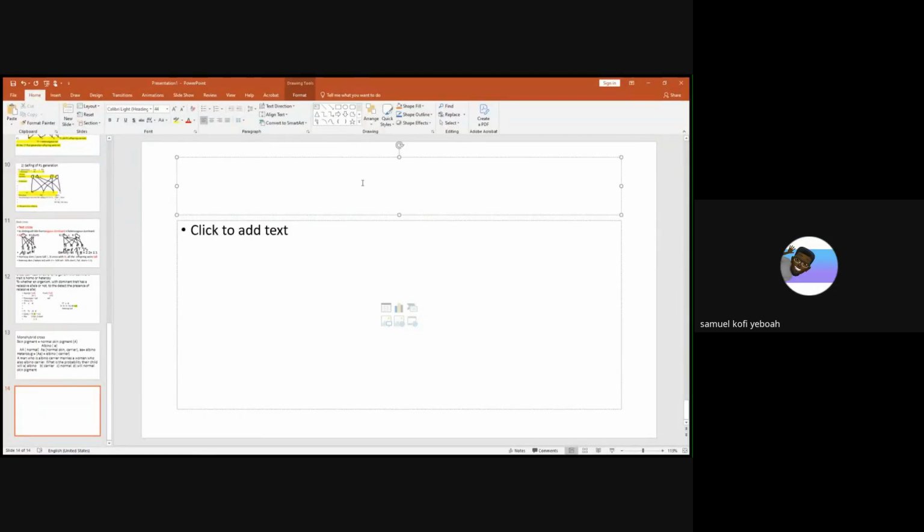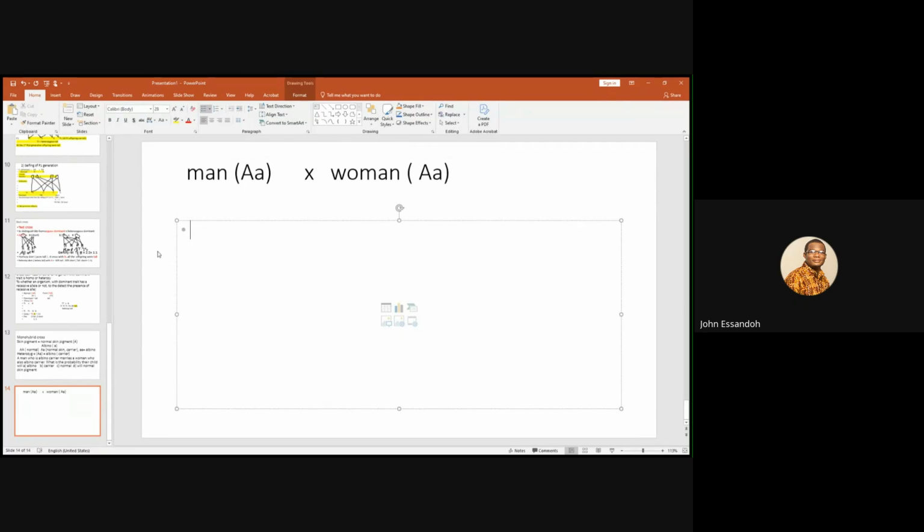So let's see. This is the man, and the man is a carrier, so he is heterozygous. And the woman is also a carrier. When they cross, what are we going to get?